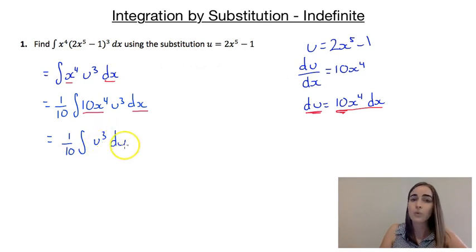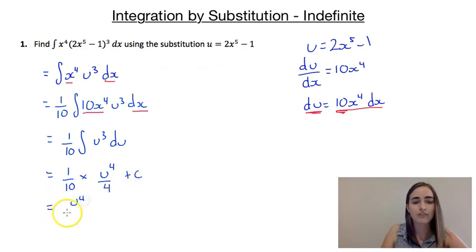Now I've got one variable, u, and it's looking like a pretty standard integral. If I integrate that, I'm going to have 1 over 10 times, if I integrate u cubed, u to the power of 4 over 4 plus c. If I simplify that, I have u to the power of 4 over 40 plus c.